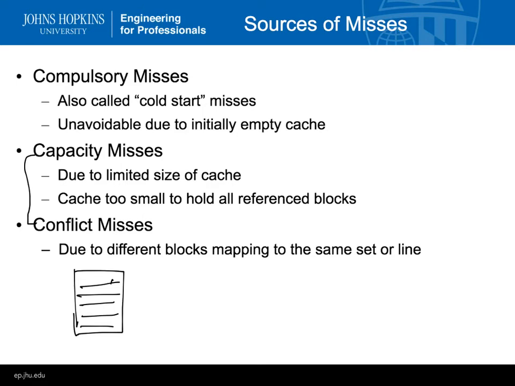Or a conflict miss: we're going to look at a way of organizing your cache so that the address in the cache is directly related to the address in main memory. So even if the cache isn't full, it could be that the line that corresponds to the address you're looking for happens to be full. And we'll see that soon.